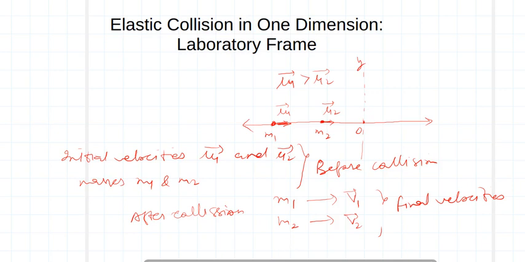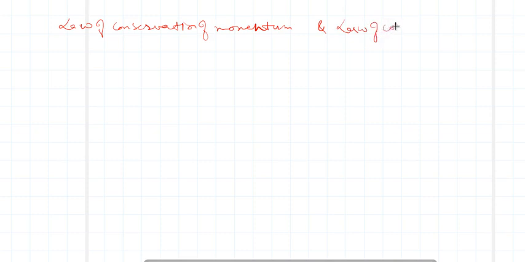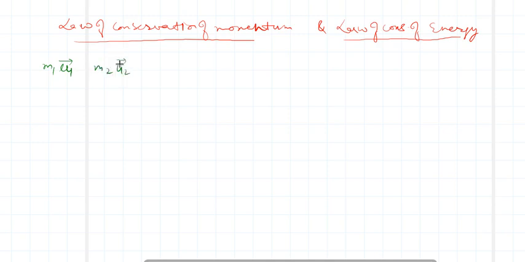So according to the law of conservation of momentum and the law of conservation of energy, before collision the momentum of the first particle is m1 u1, and for the second it is m2 u2.